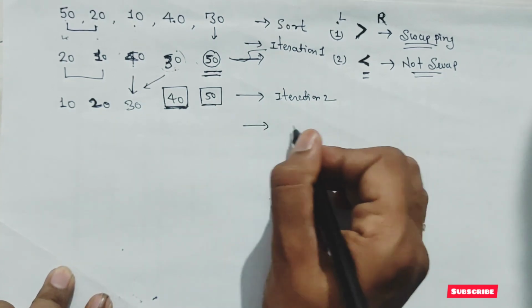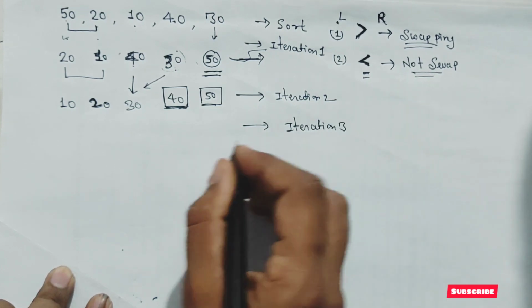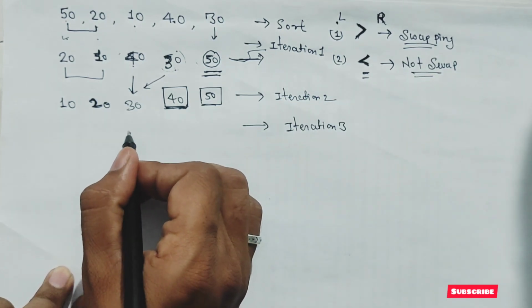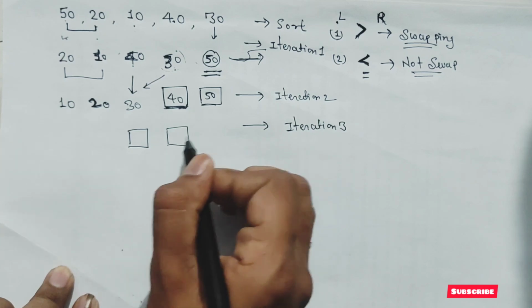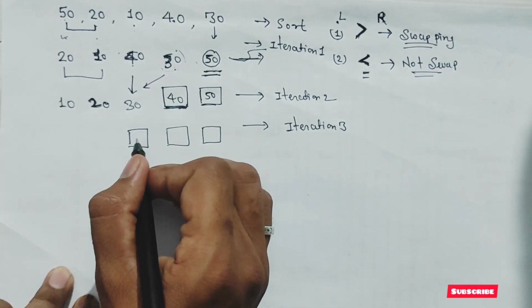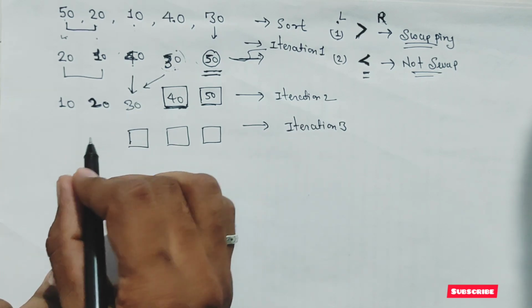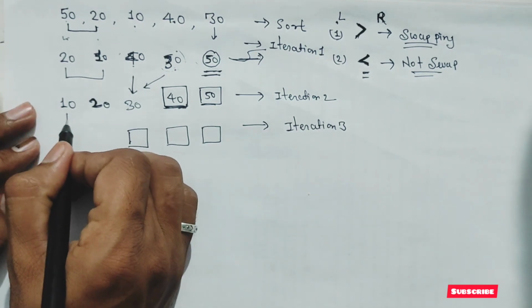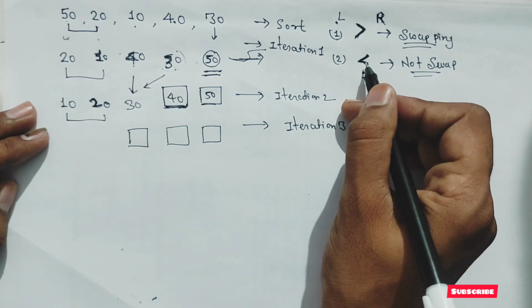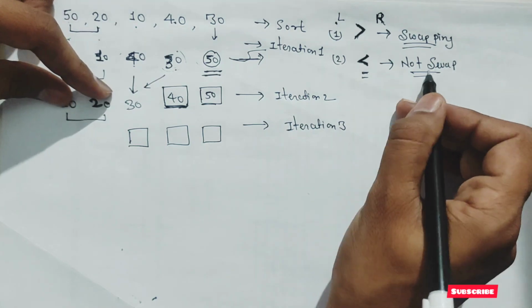Now in the third iteration, we will get these three numbers. As you know, here is 50, here 40, and now we see what number should become here. It starts from here the same: 10 and 20 will be compared. What is the second condition? 10 is less than 20, so do not swap.